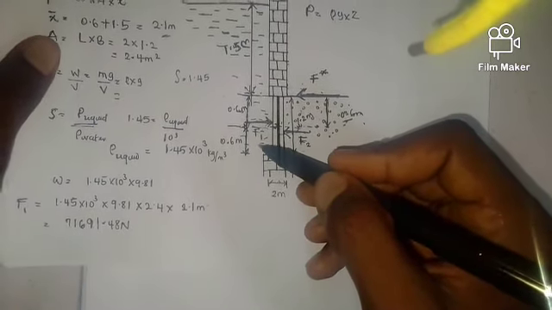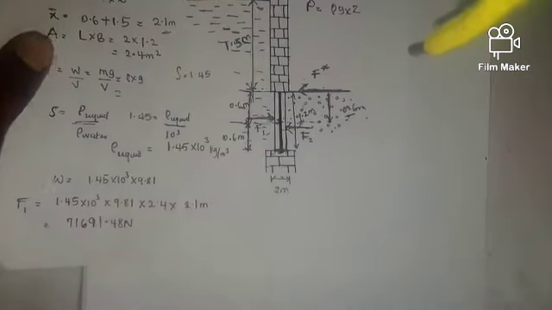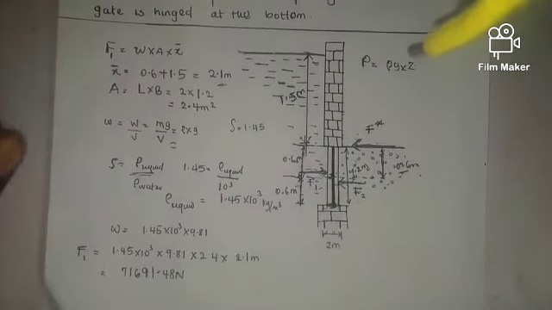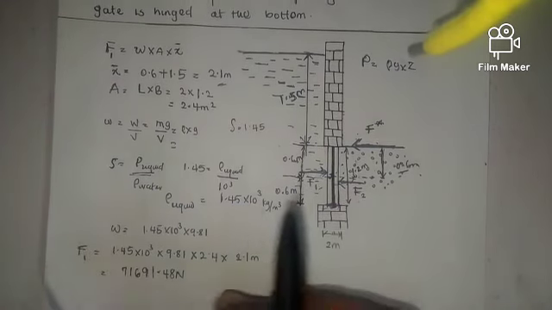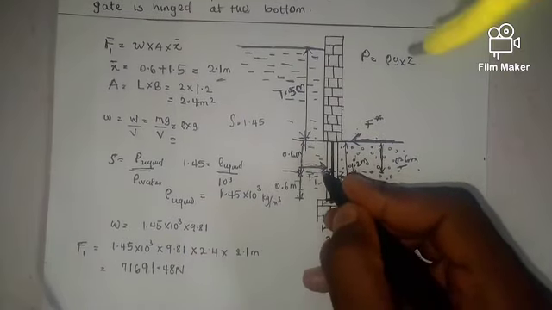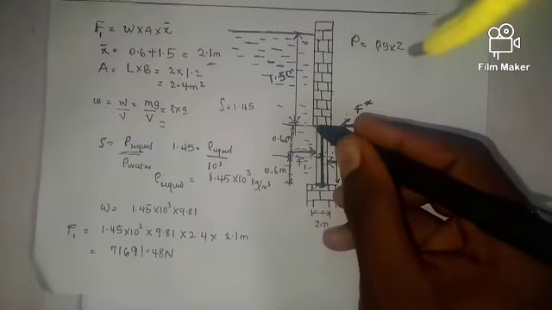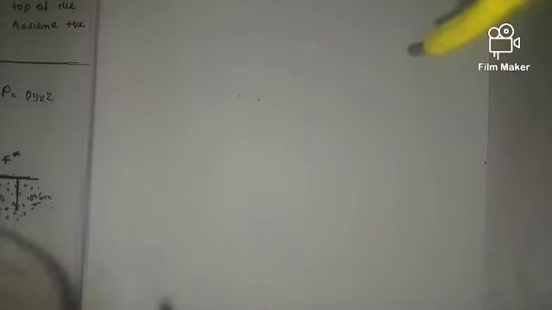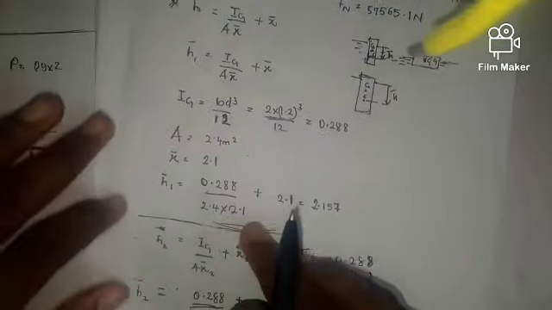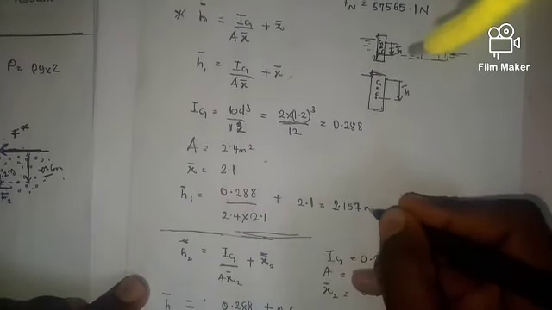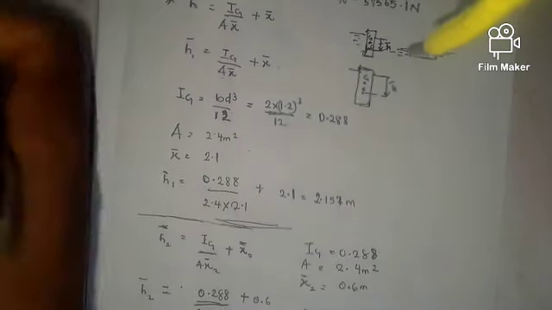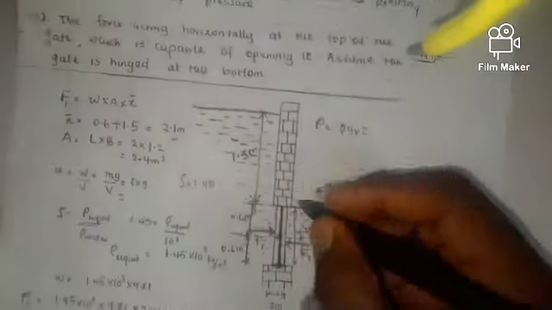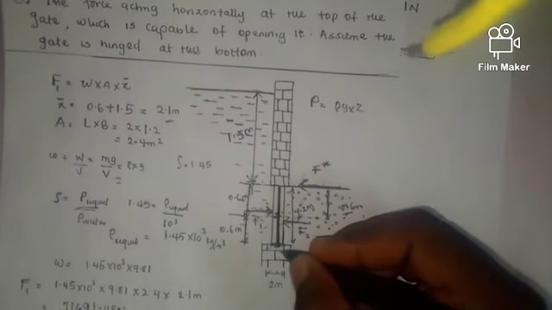Remember, we need to make use of the vertical distance to calculate our moment, the vertical distance from here to this hinged part.